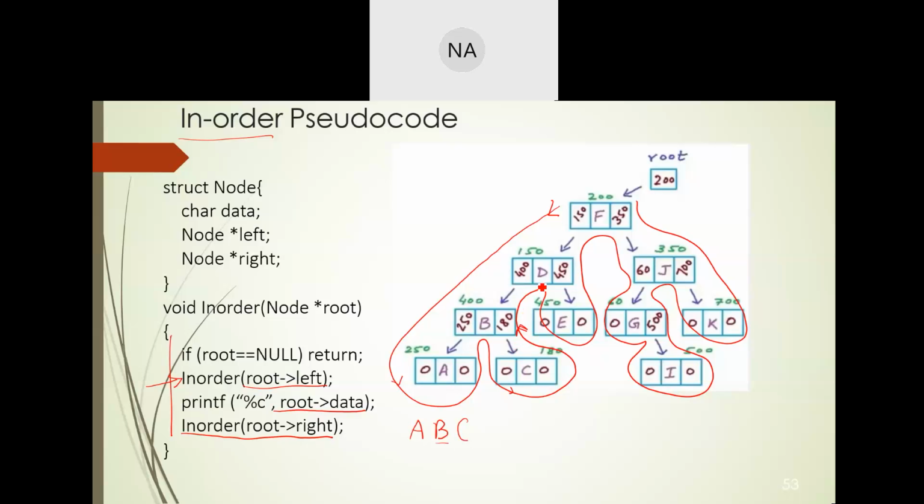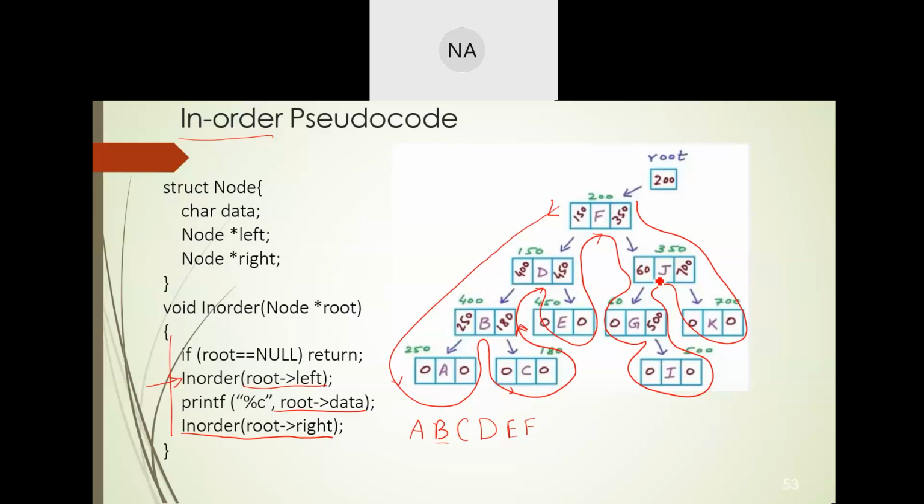Then you will find node D for the second time, so you will print node D. After node D, you will visit node E, because it is the last time for node E. Then node F is encountered for the second time, so F is printed.